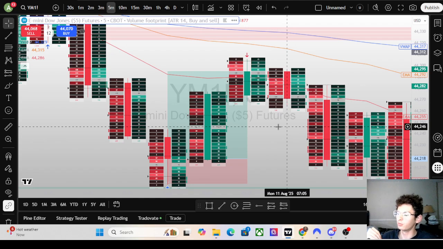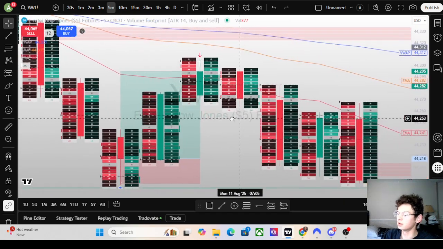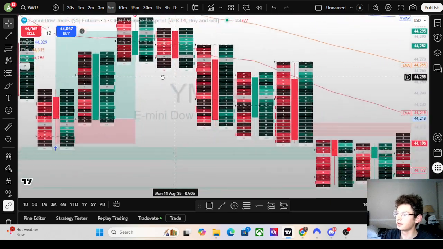I put my stops at break even, and slowly trailed them more and more to a point where as soon as the price went back down, it hits my trailing stop, and no matter what, I exit with some profit, right? So that was pretty much the day.